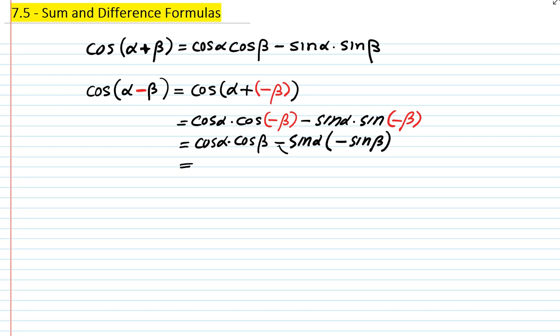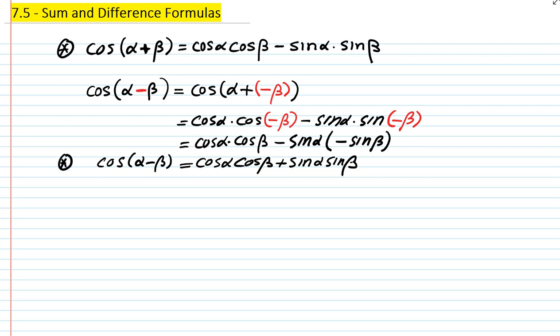Then we can multiply the two negatives and we get positive, therefore cosine cosine plus sine sine. And there we have the formula for cosine of alpha minus beta. So far we have these two formulas.